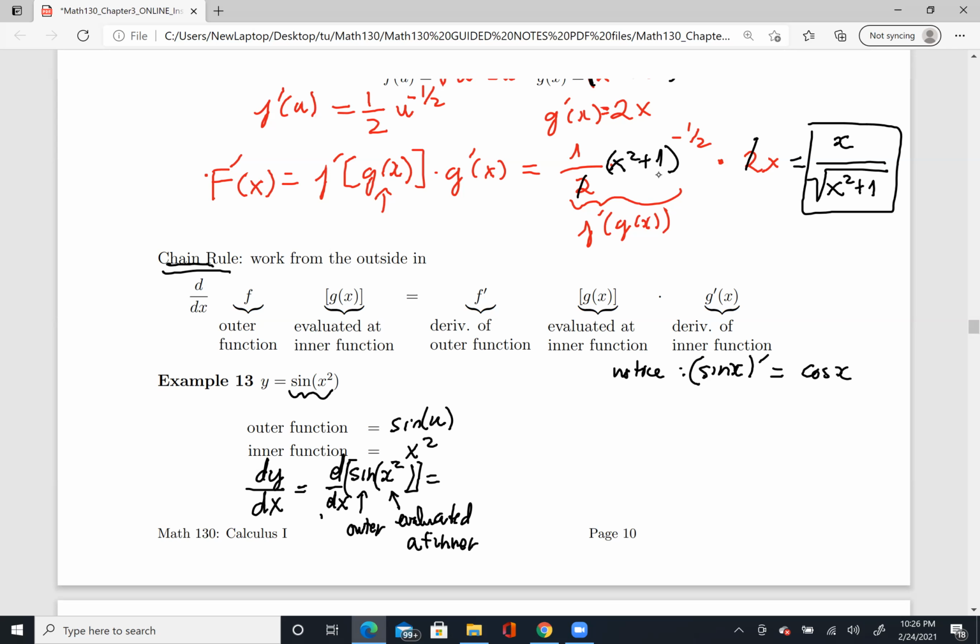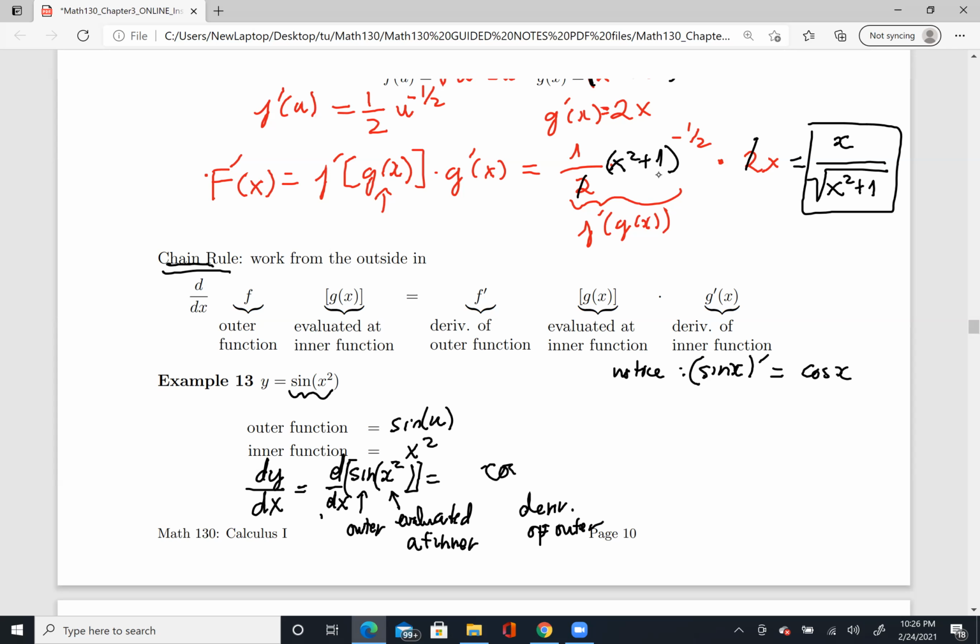Okay, so I know that this is going to be the derivative of outer, right? So what is the derivative of outer? Outer was sine, right? The derivative of sine is going to be cosine.